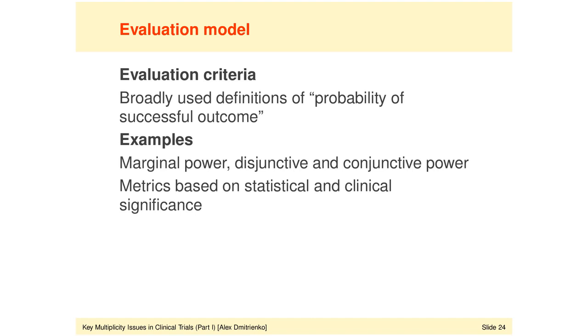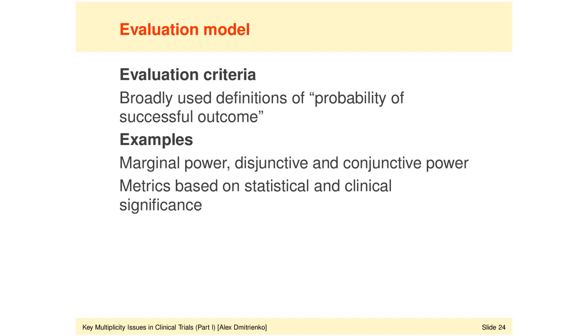We have also talked about evaluation models that specify measures for evaluating the performance of the selected analysis models or strategies defined by the user. And all broadly used definitions of probability of success have been implemented in the Mediana package.